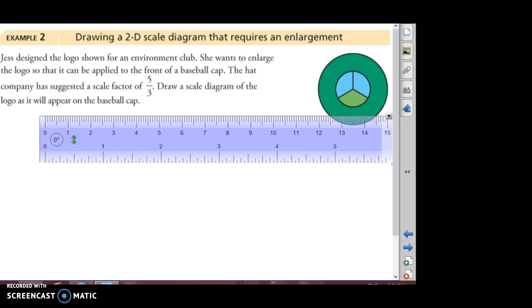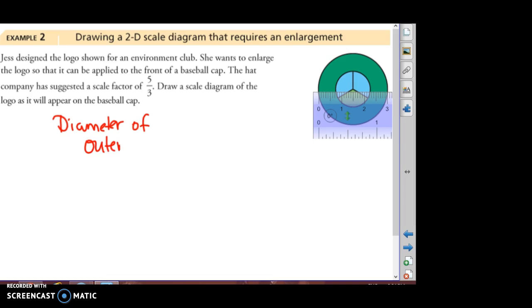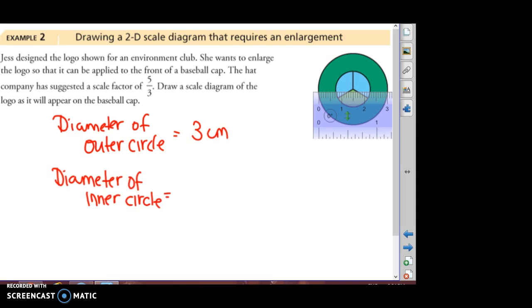First, we have no measurements here, so we'll use our ruler. Let's measure the diameter of this big circle. The diameter of the outer circle looks like it is 3 centimeters. The diameter of the inner circle is 1.5 centimeters.